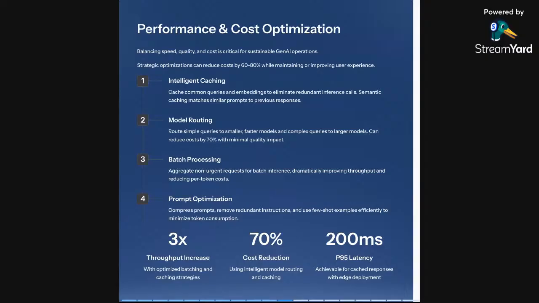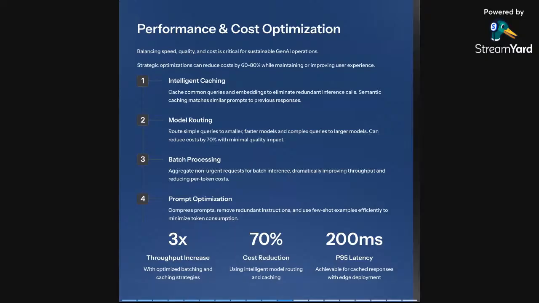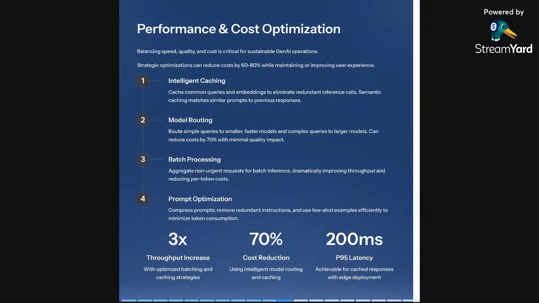Strategic optimization can reduce the cost by up to 60 to 80% while we implement those MLOps practices, and it can also improve the user experience. So when I talk about those, we want to ensure intelligent caching, model routing, batch processing, and prompt optimization, with those responses that have been generated and the embeddings that take place.